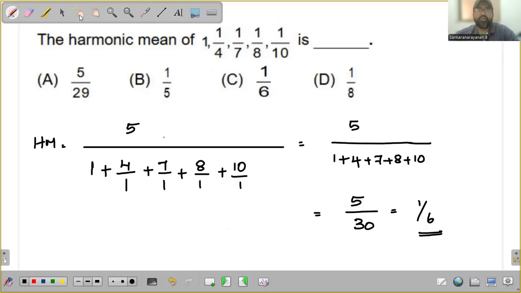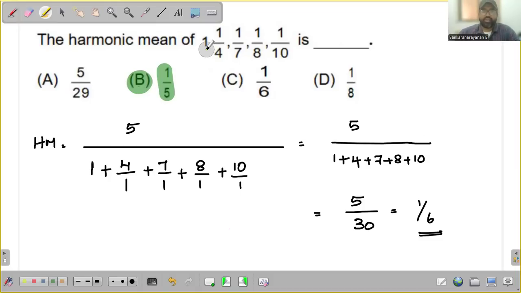That will be the harmonic mean. Going by the options, option B reads 1 by 5, and that is equal to our answer. And that brings conclusion to our question number 6.